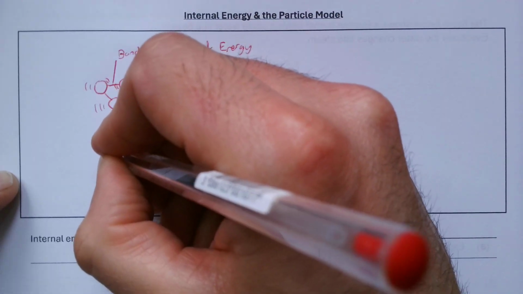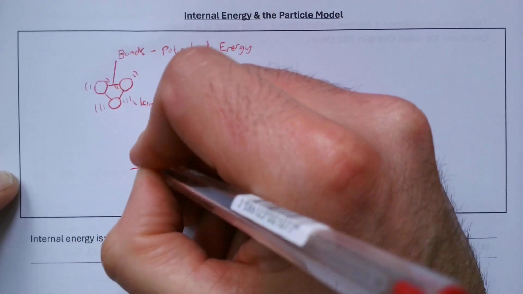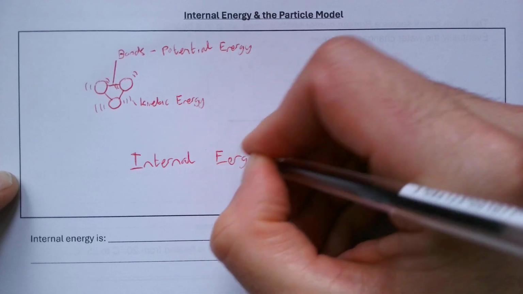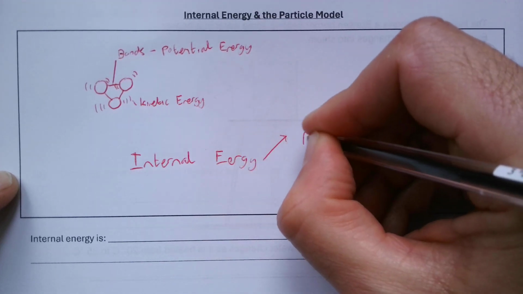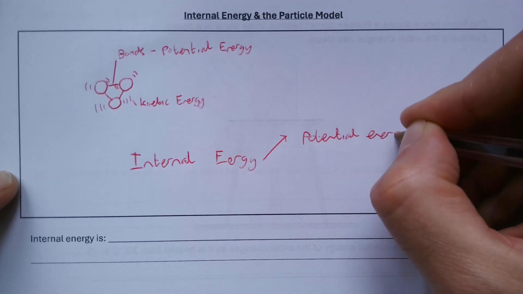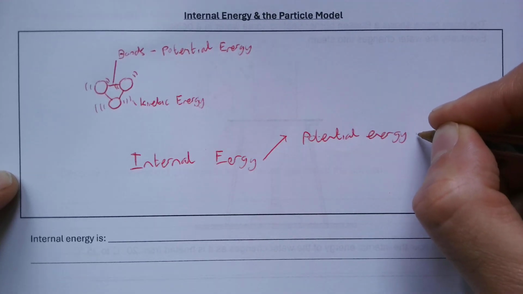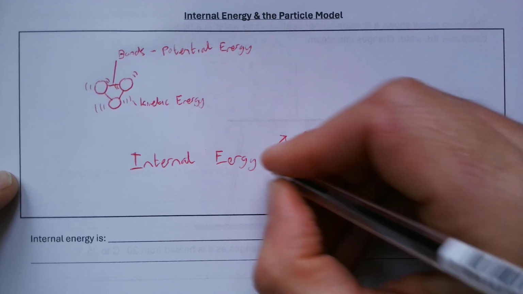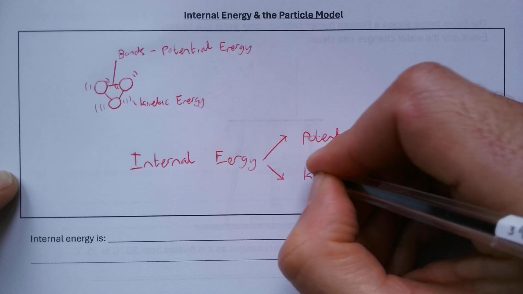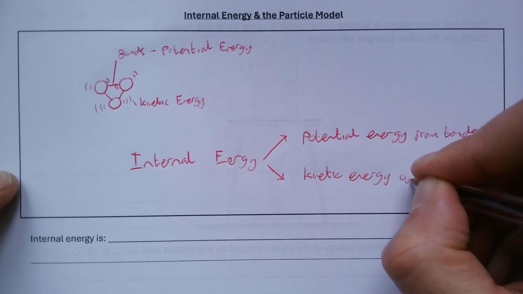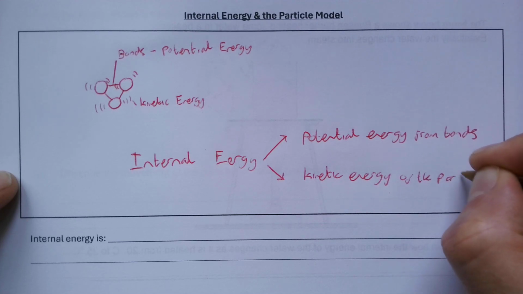So we say that internal energy is the potential energy from bonds between the particles and the kinetic energy of the particles, so how much they vibrate.